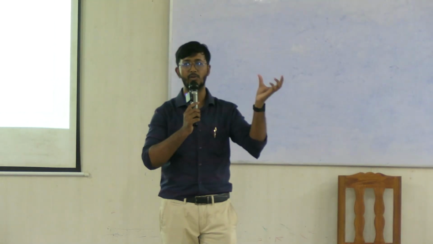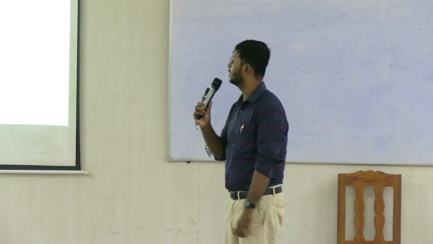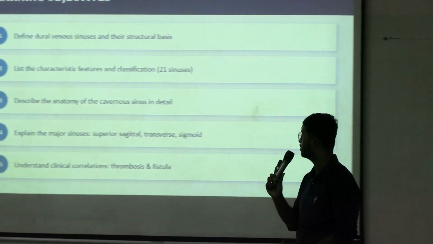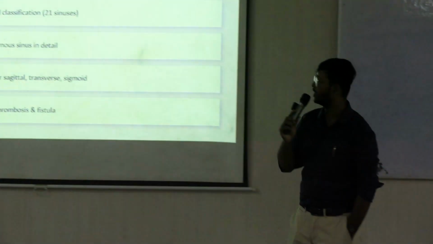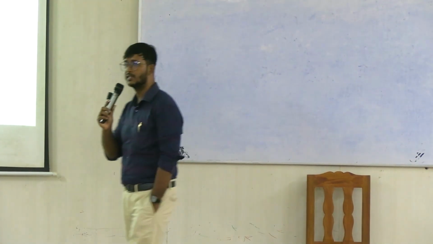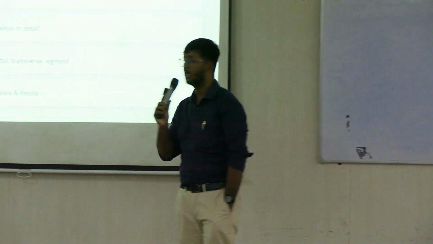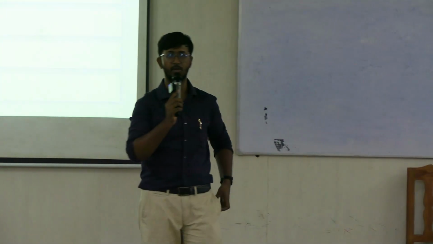Cavernous sinus is a part of dural venous sinus. Then we need to know the names of the major and minor sinuses, that is the sagittal, transverse and sigmoid sinuses. And finally we need to understand sagittal sinus thrombosis and AV fistula, arteriovenous fistula.